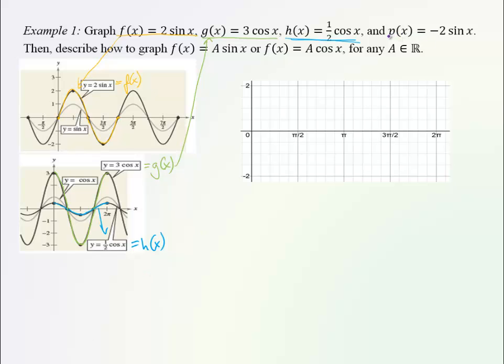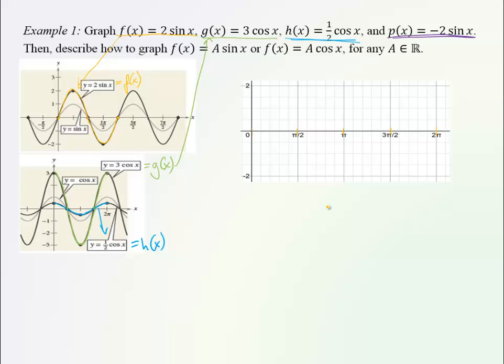And we have one more function to graph, p of x, which is negative 2 sine x. Let's start with just the basic function sine in the full period from 0 to 2 pi, that means up to here. To graph this shape, I suggest to cut the segment indicating the first full period into 4 equal sections.